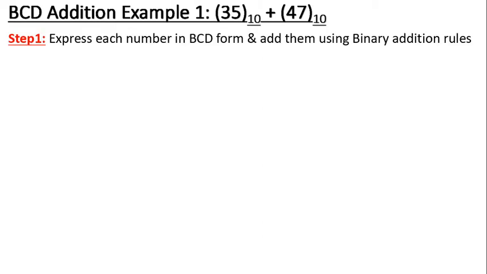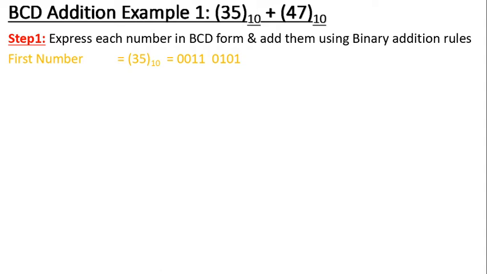Now first of all, step number 1. Express each of those numbers in a BCD form and add them by using binary addition rules. So in step number 1, the first number 35 decimal is expressed in its BCD form. Each digit of that decimal is expressed in 4-bit binary form, which is shown on the right side.